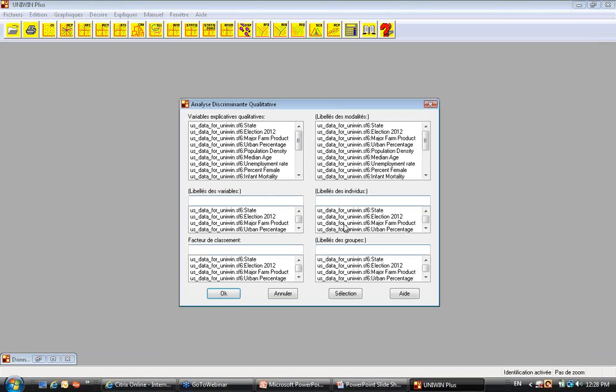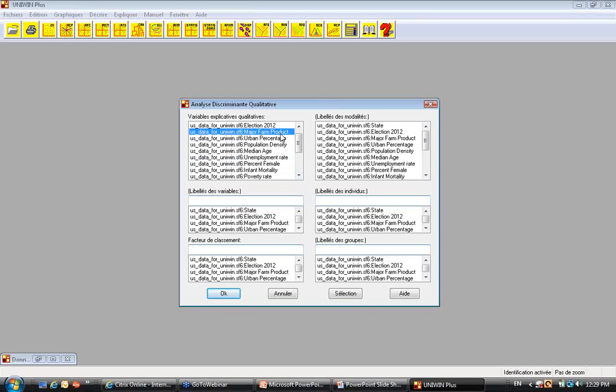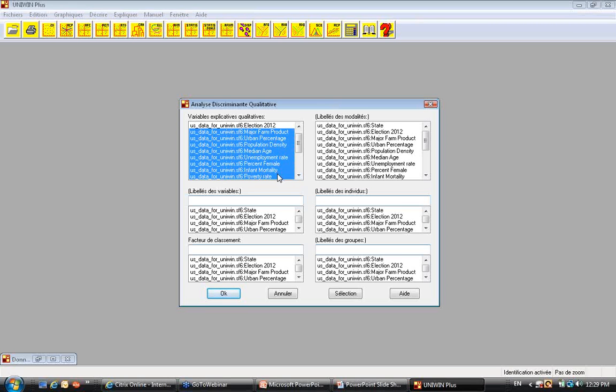All right, let's tell it we'll quit the current procedure, and let's put in the input now for the discriminant analysis procedure. I'm going to put in, as the explanatory factors, everything from major farm product down to and including poverty rate.